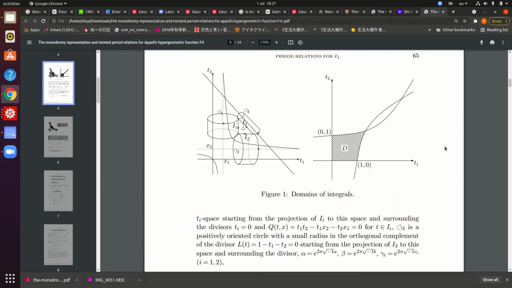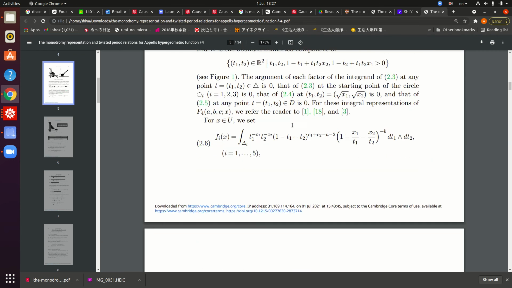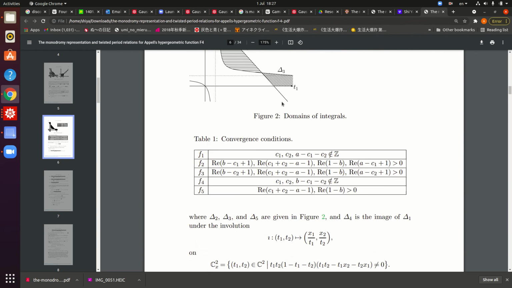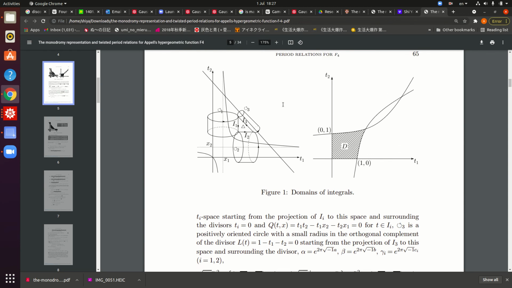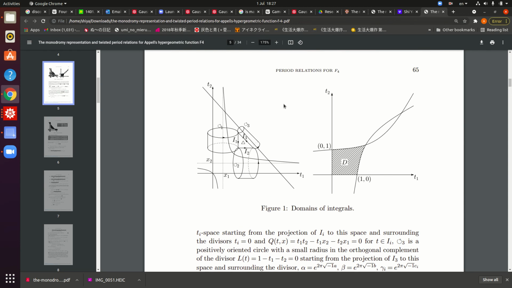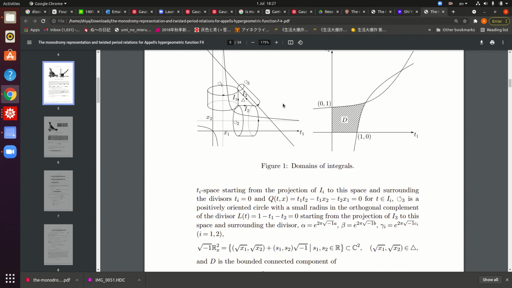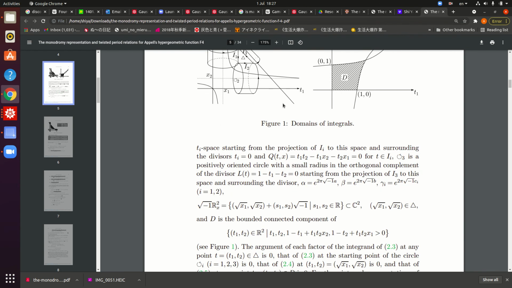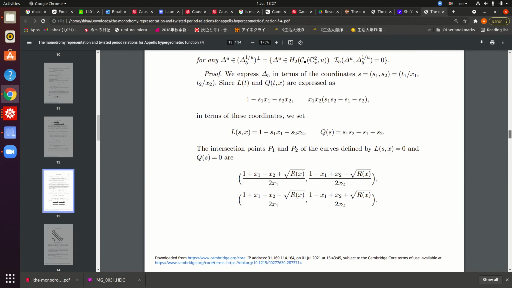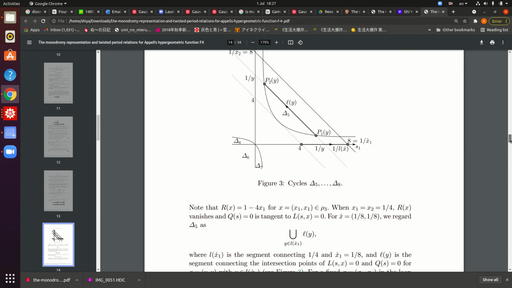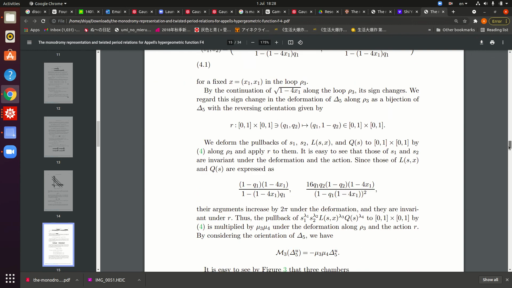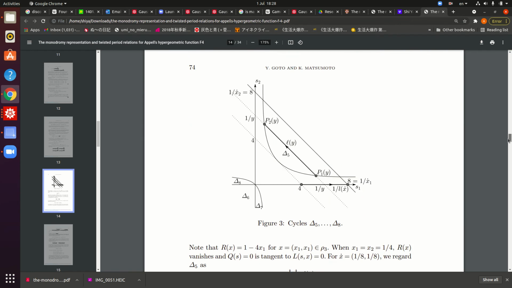By the way, I see that they play a little bit with delta 5 as well, mapping it to other regions. There is another example of a change of variables later on page 73. So this is this figure. It doesn't look very easy.